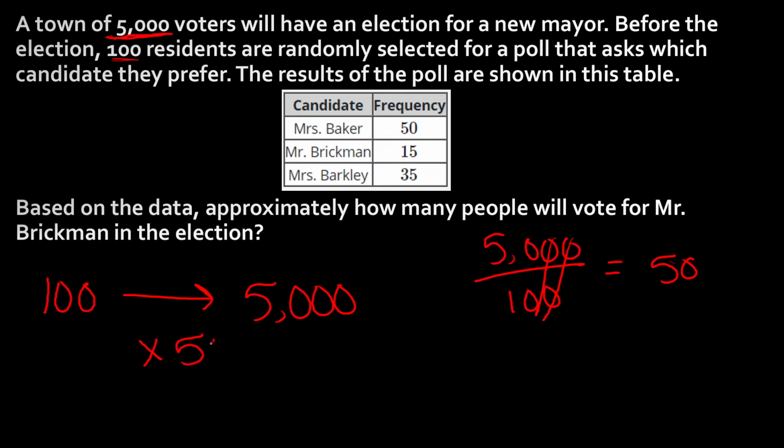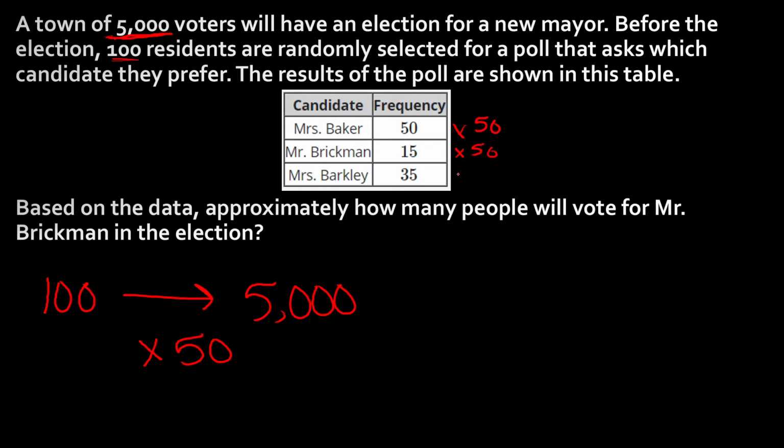So I am multiplying 100 by 50 to give me 5,000. If I multiply each of these numbers by 50, this gives me an approximate of how many people in this entire town are going to vote for my candidate. Here we're talking about Mr. Brickman.